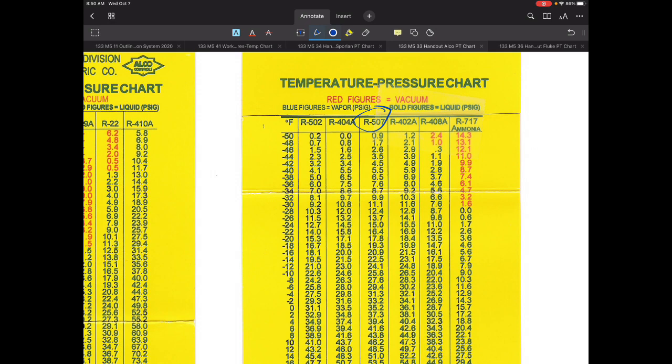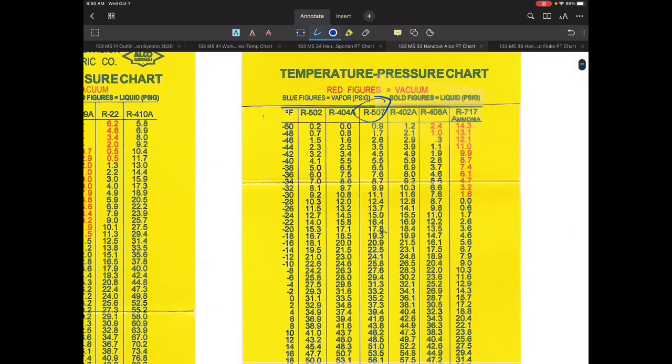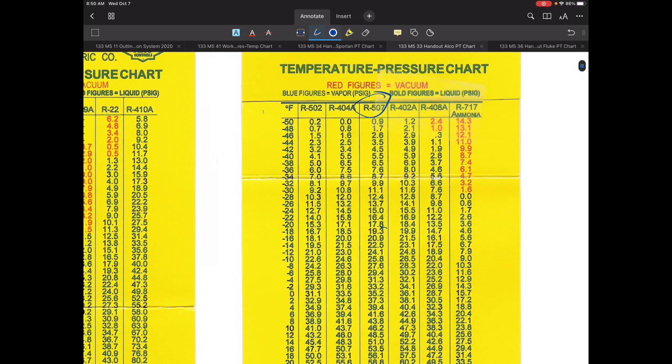You'll also notice that we were given negative 20 degrees. Now, in this particular case, minus 20 degrees Fahrenheit, this one is listing it as 17.8 psi.